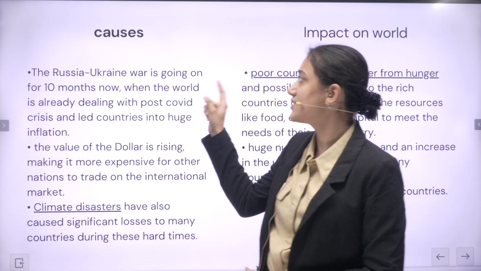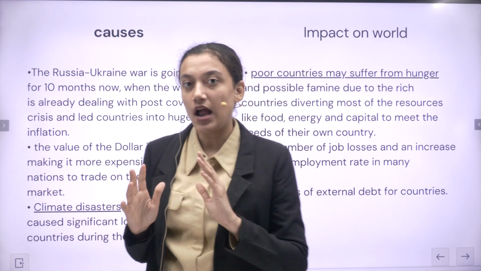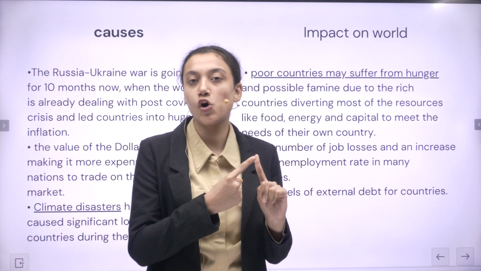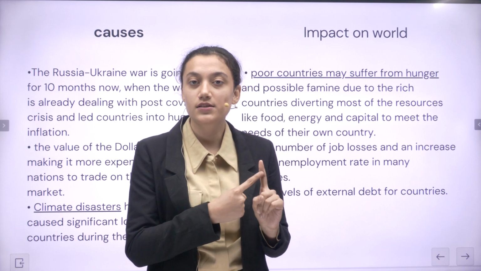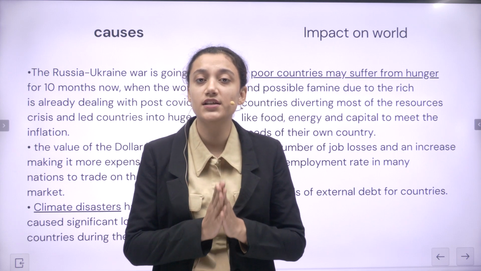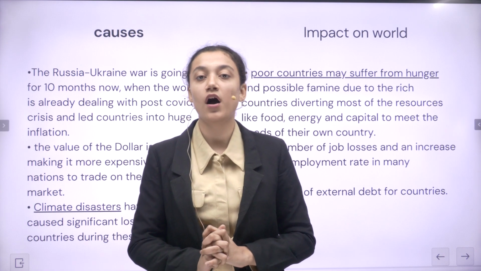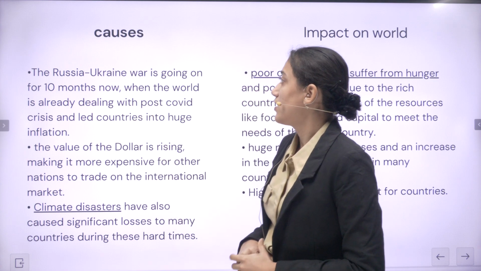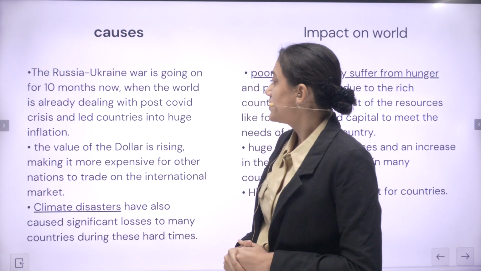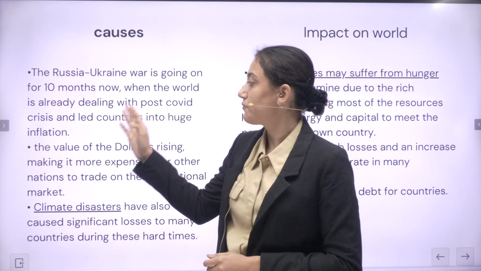Now, what are the possible causes for this recession of 2023? First of all, the most current event, the Russia-Ukraine war. It is the topmost cause of this recession. Another is the post-COVID crisis. Many countries, especially underdeveloped countries, are still suffering because of it. People are still dying because of hunger and poverty. The Russia-Ukraine war has been going on for 10 months now, when the world is already dealing with the post-COVID crisis, and it led the countries into huge inflation.